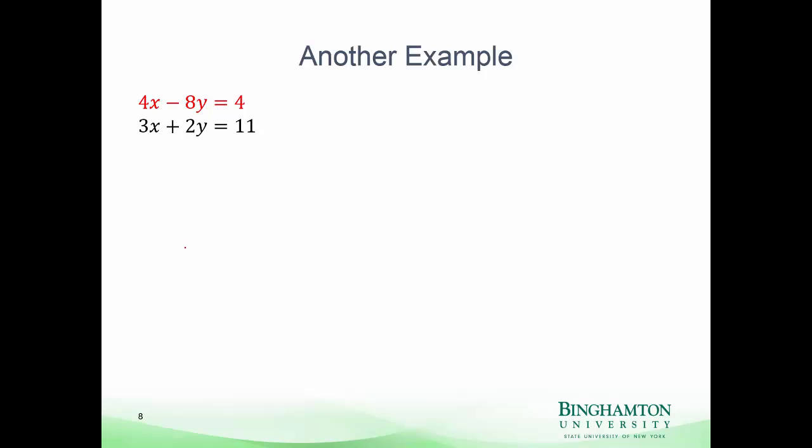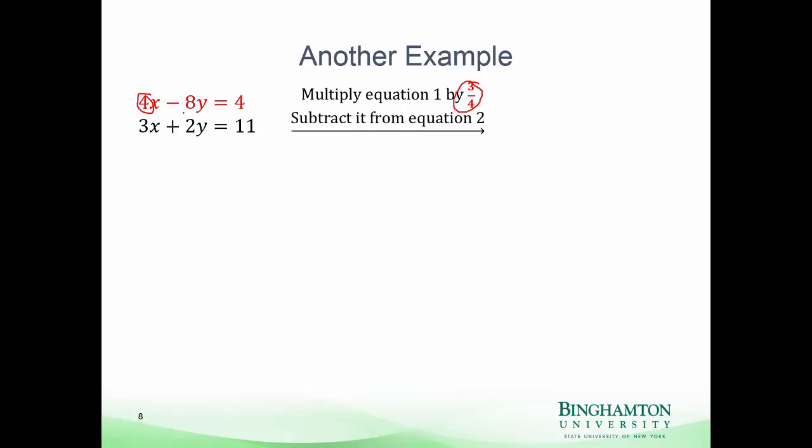But let's look at this in another case where the pivot isn't equal to 1. So now it's pretty clear that if we multiply equation 1 by 3/4, so we'll be taking this 4 times 3/4 will give us 3, because the 4, which we'll have out here, will cancel with the 4 and we're left with 3. And so that'll give us a 3 out in front that we can then subtract from the second equation to eliminate the x variable.